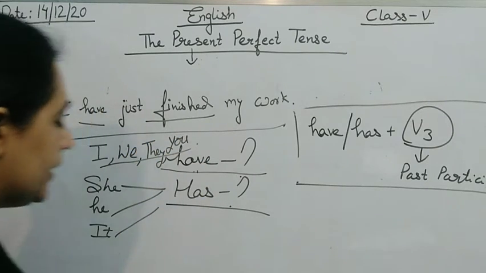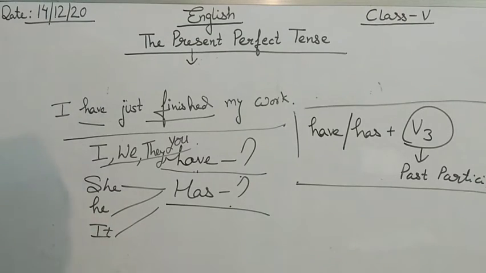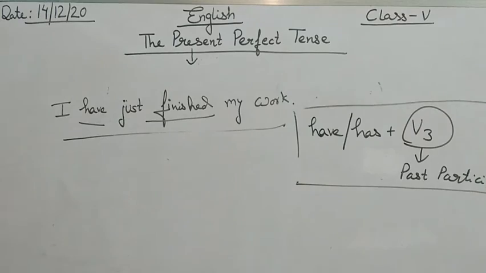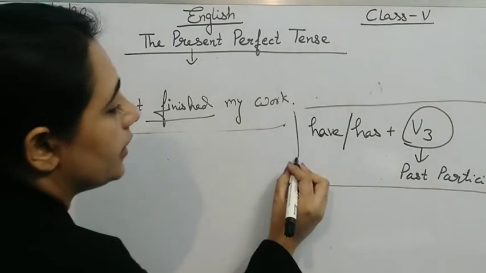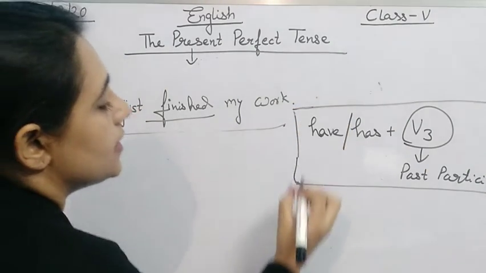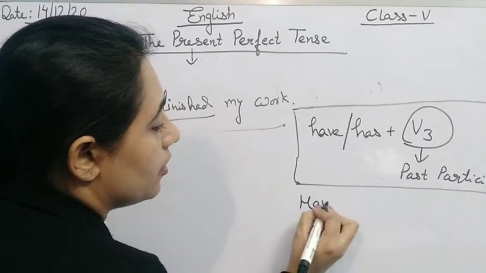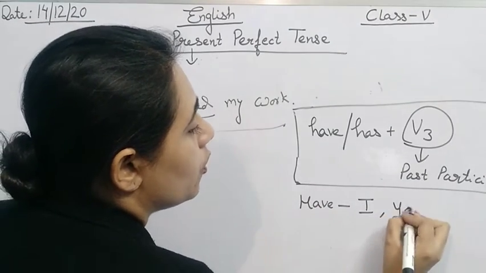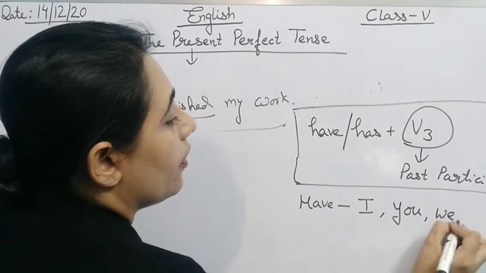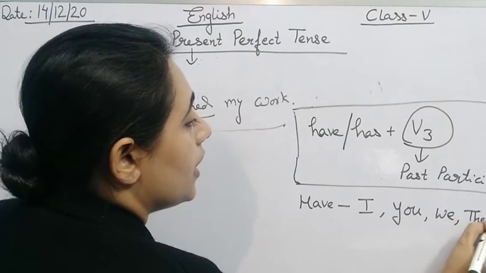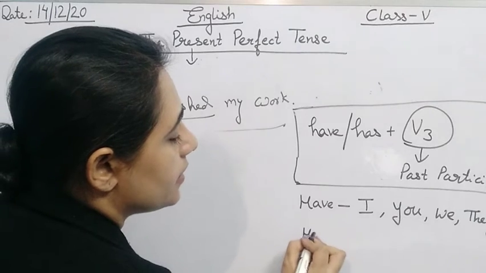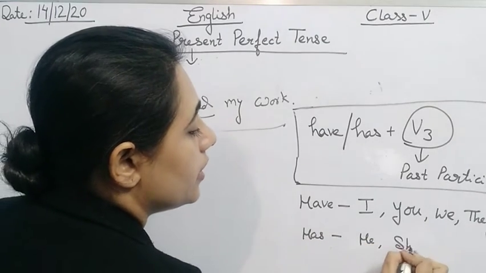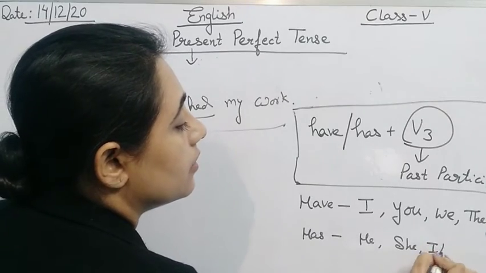See, I am writing clearly again. You can see here. So the second thing that we have derived is that have is used with I, you, we, they, and has is used with he, she, it.